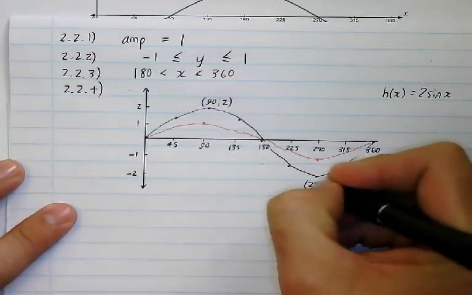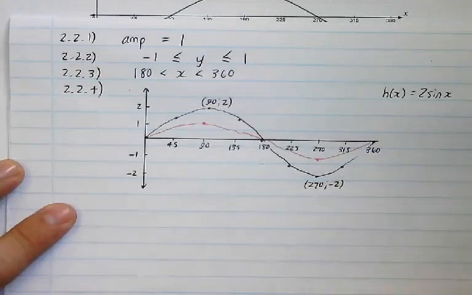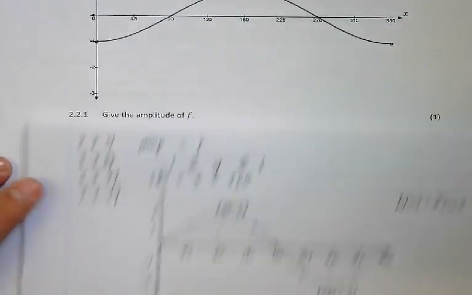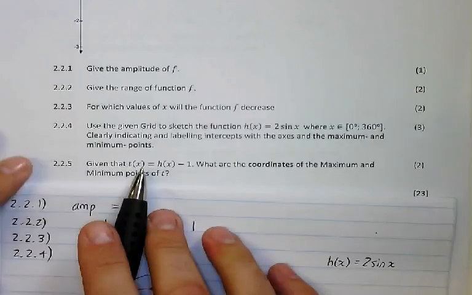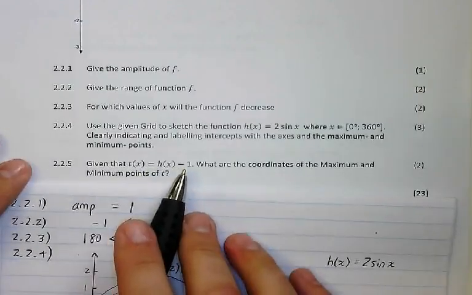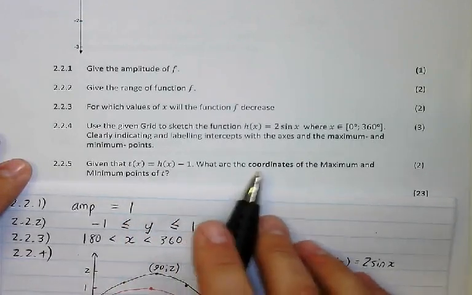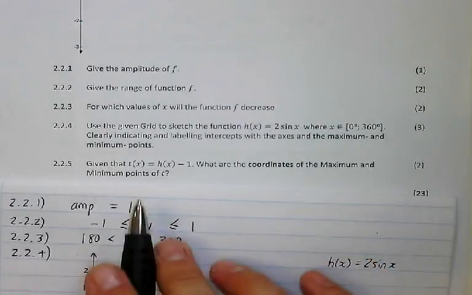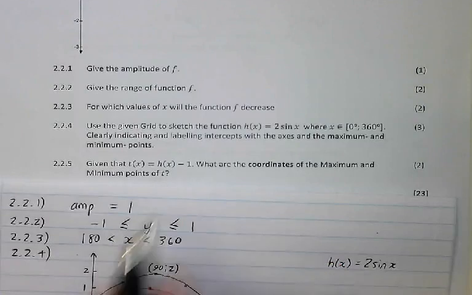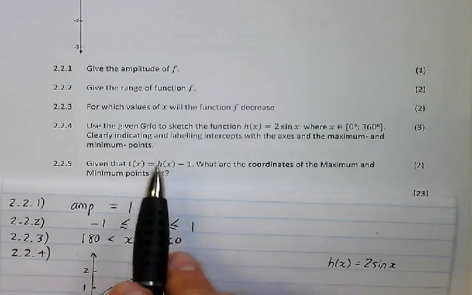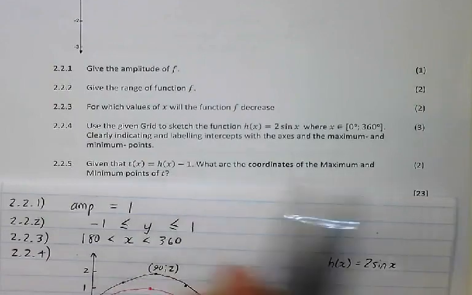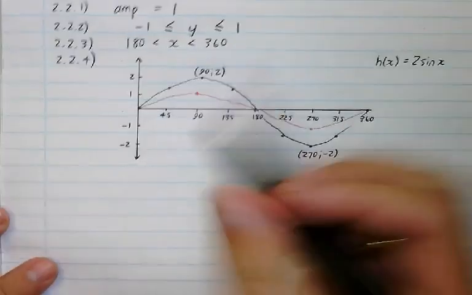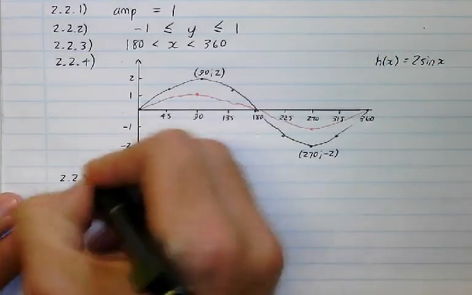The last question, 2.2.5 over here, says given that t(x) is h(x) minus 1, what are the coordinates of the maximum and minimum points of t? So t is our given h graph moved down by 1. So if you had to look at the graph we just drew, if we had to visualize it moving down by 1, it means that our maximum point is now (90; 1) and no longer 2.